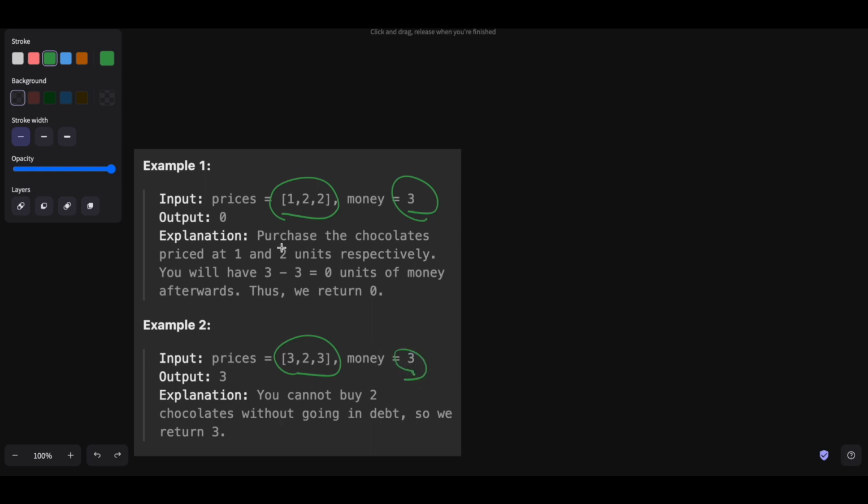It basically means we're trying to reduce the amount of money we spend to buy exactly 2 chocolates. Let's say the taste and the quality is all the same. Our main goal is to reduce the amount we must spend to buy exactly 2 chocolates. And if we cannot, then we don't buy anything and we just return the starting money.